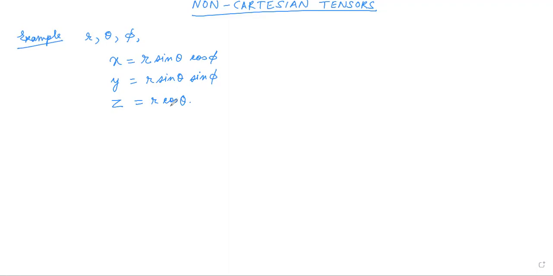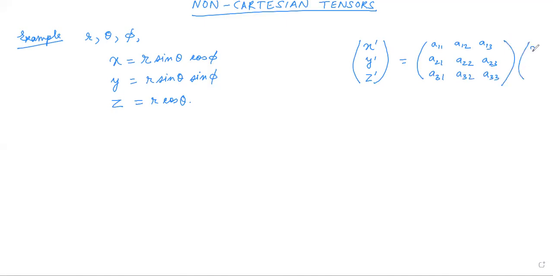Earlier we wrote x prime, y prime, z prime equal to the matrix a11, a12, a13, a21, a22, a23, a31, a32, a33 times x, y, z.